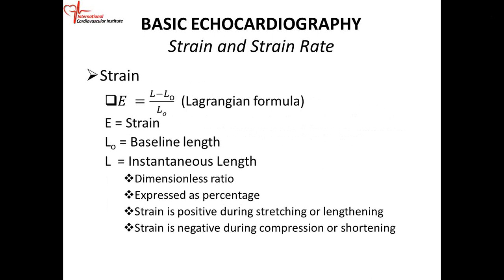All right, so the definition, this is one thing that you have to get, and it is relatively straightforward. There are different types of strain, but we're using the Lagrangian formula. So if you say strain is E, strain is equal to change in length with respect to the length. What we mean by that is take the heart in diastole, and we're going to talk about global strain now.